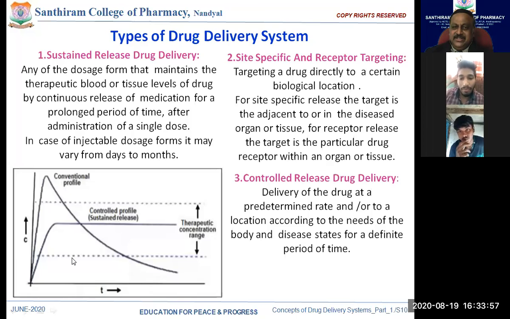Very good, Ashwin. That is a good answer. Fine. So I will explain it. It is the minimum concentration of the drug which is required within the bloodstream or the plasma after its administration to result in the desired therapeutic effect.